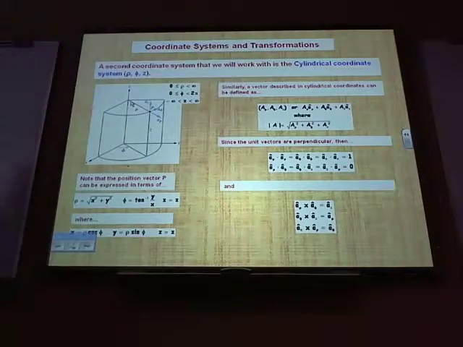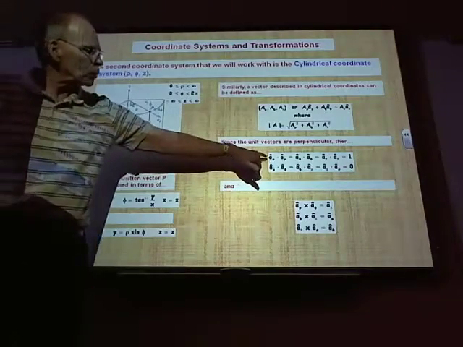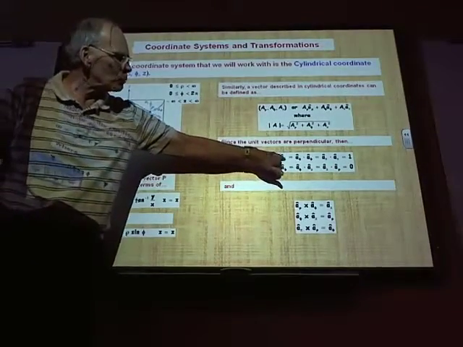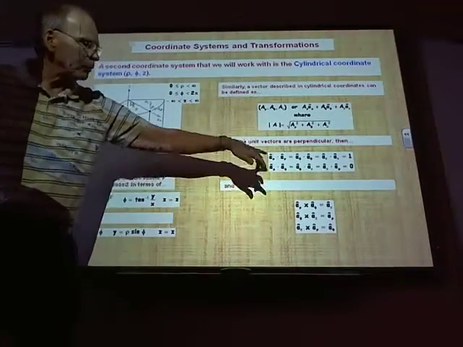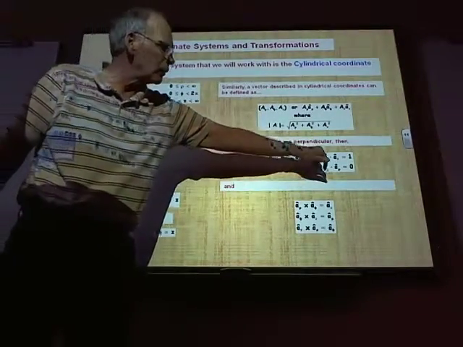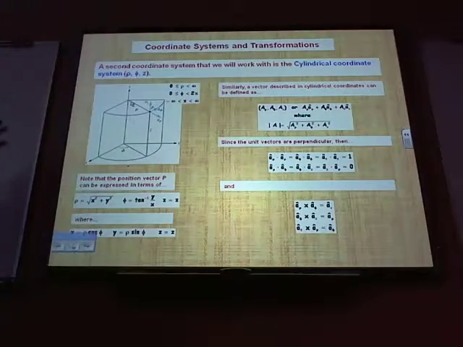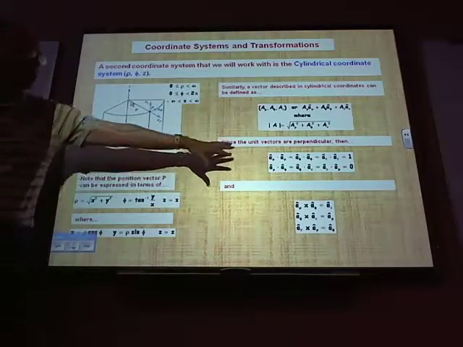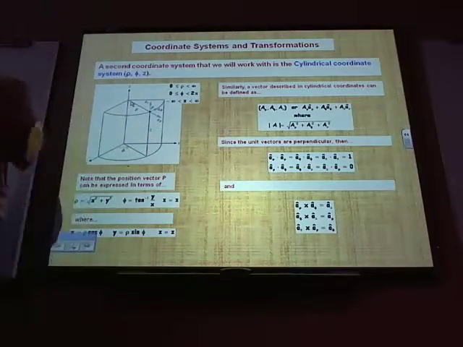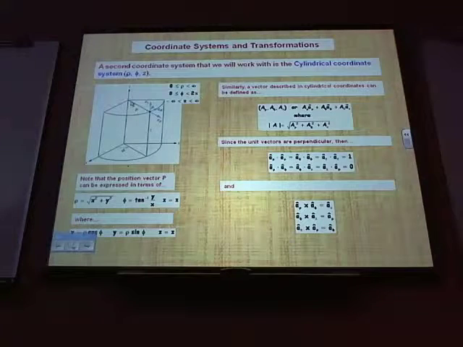The only time you'll get a value out of a dot product is when the vector is exactly in the same direction as the other vector. So a rho dot a rho is 1. A phi dot a phi is 1. A z dot a z is 1. If you take a rho, dot it with a phi or a z, it's 0, because they are orthogonal.